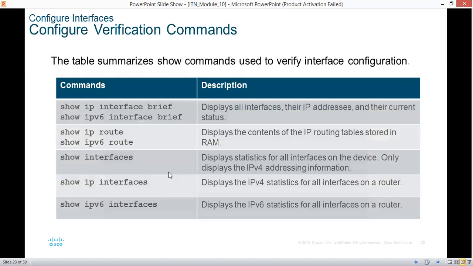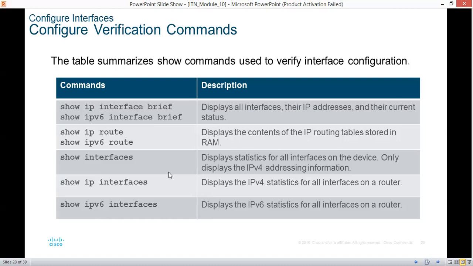Because in the next practicals we'll be doing, I'll be using most of these commands like show run, show IP route, show IP interface brief, show IPv6 interface brief, and then show interfaces, you can use the show status and all of that.